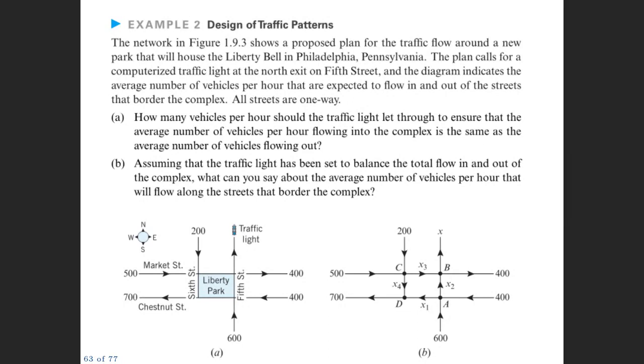And then, assuming that the traffic light has been set to balance the total flow in and out of the complex, what can we say about the average number of vehicles per hour that will flow along the streets that border the complex? In other words, can we find x1, x2, x3, and x4 in this diagram?